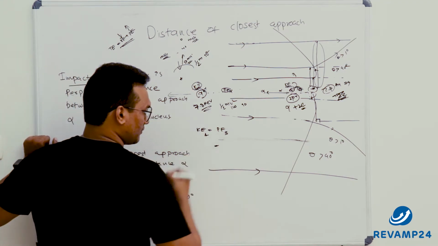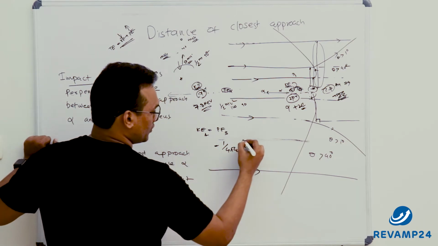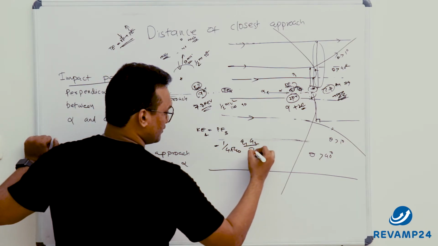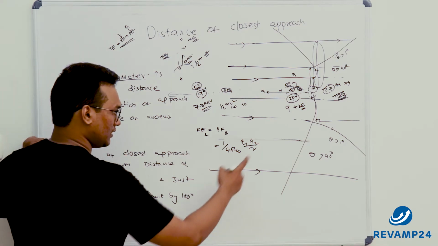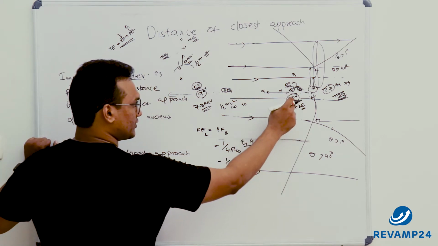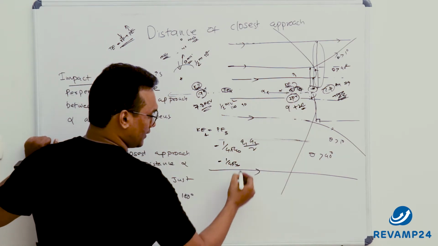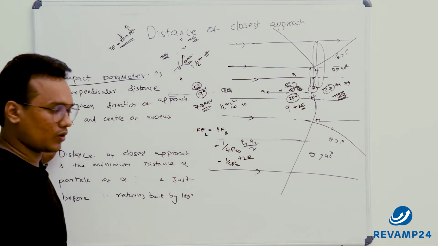Write the equation here. Potential energy is equal to 1 by 4 pi epsilon 0 Q1 Q2 by R. This equation we have learned in chapter 2. So here we can substitute the value 1 by 4 pi epsilon 0. Q1, what is Q1? Charge of alpha particle, that is plus 2E, 2 protons.